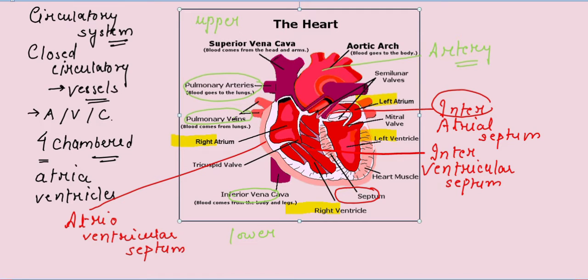So here, as we are doing the structure of the heart, we have to know the four types of major blood vessels. तो हमने देखे 4 chambers, इनके बीच में septum and 4 major blood vessels, right? Now come to the valves. You know, heart में valves भी present हैं.